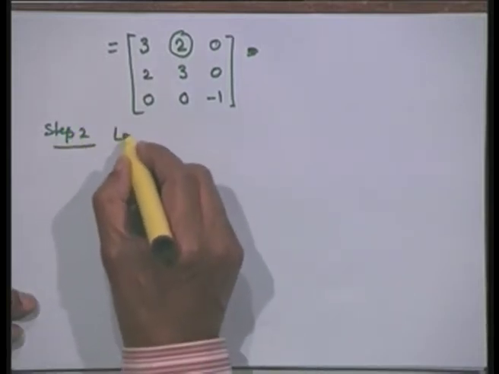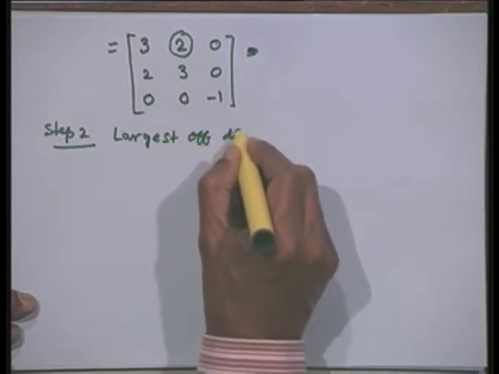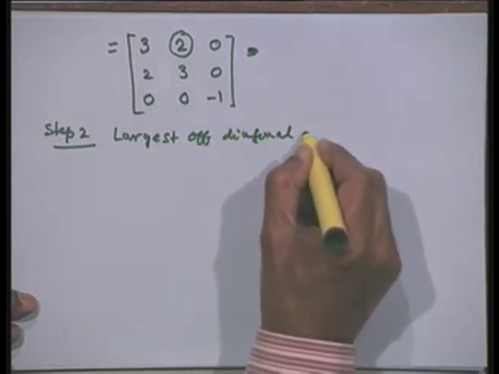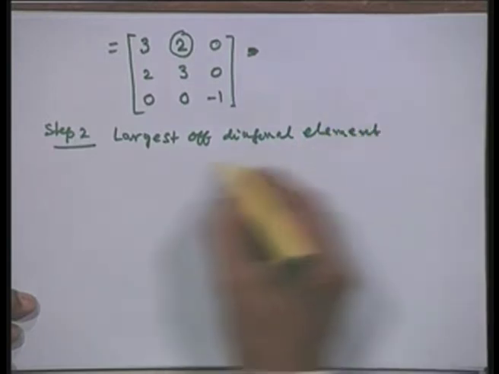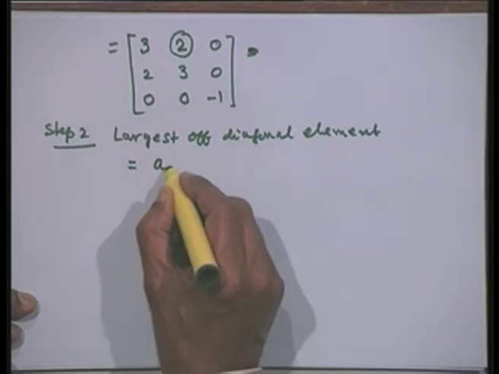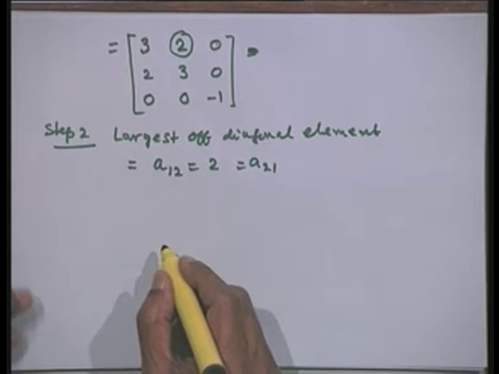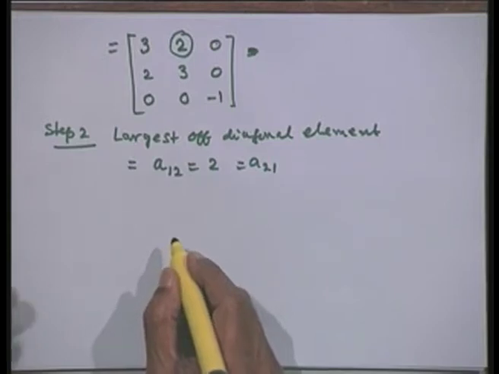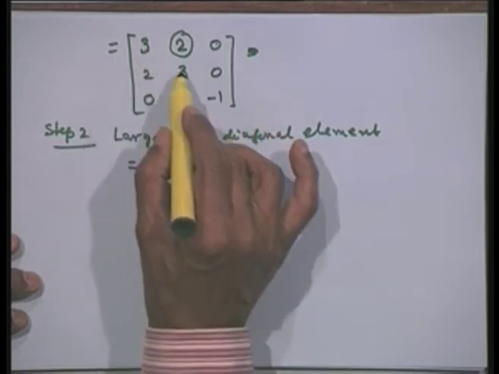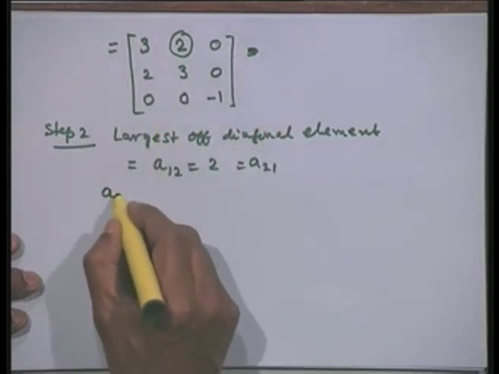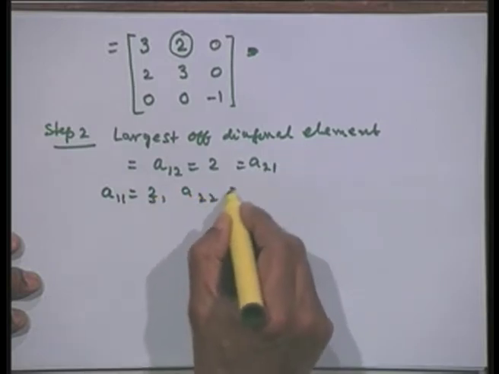Step 2 is now I will take the largest off diagonal element, which is at the A12 location, that is 2, and A21. Now, the corresponding diagonal elements are A11 and A22. A11 is 3 and A22 is equal to 3.